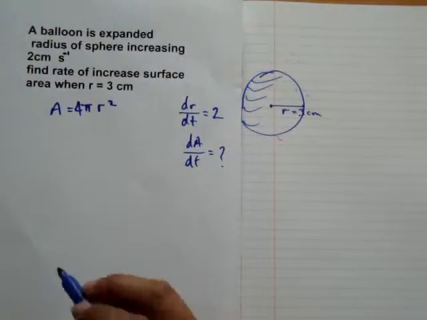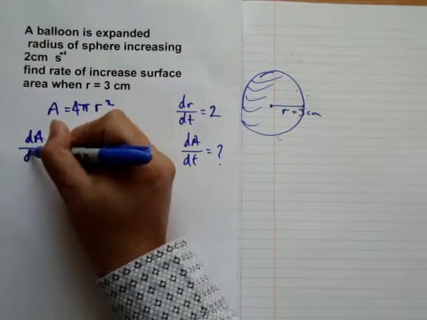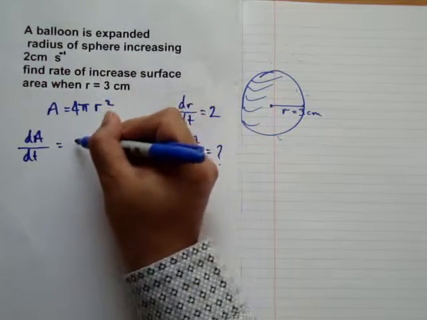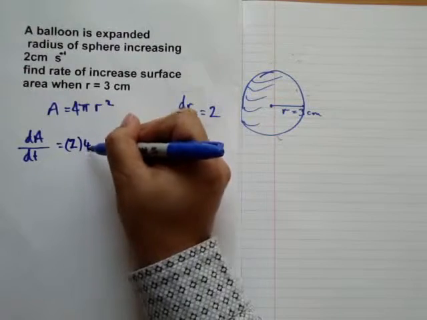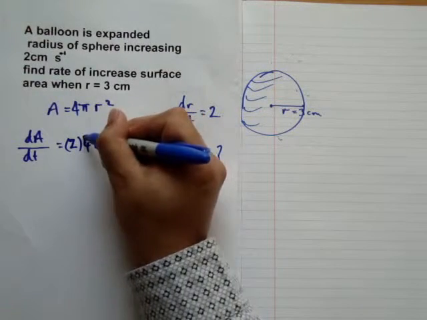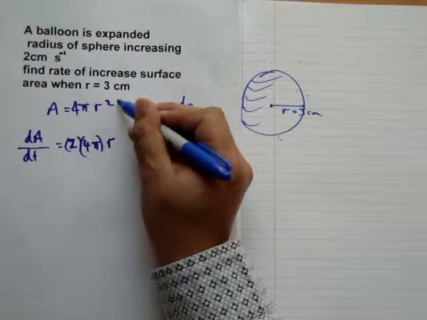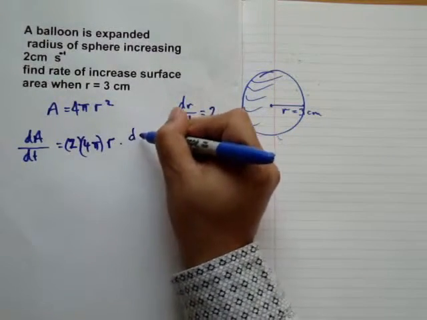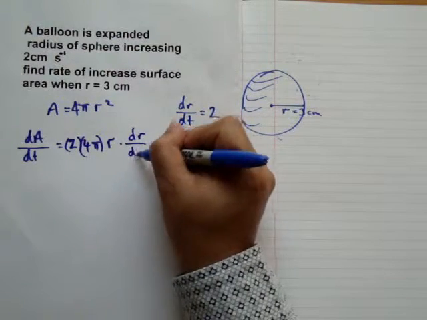So differentiating, we get dA by dt is, bring the 2 down, 4 pi, which is the constant, r, 2 minus 1 is 1, which remains as r, and then we're differentiating implicitly, so we get dr by dt.